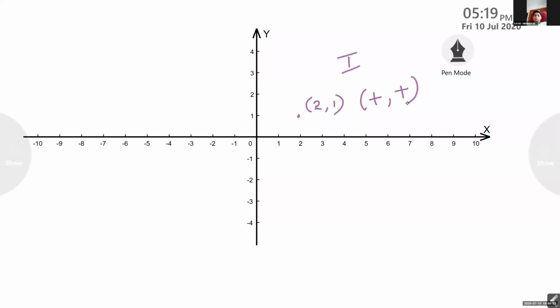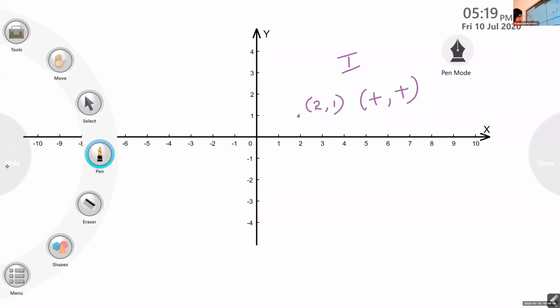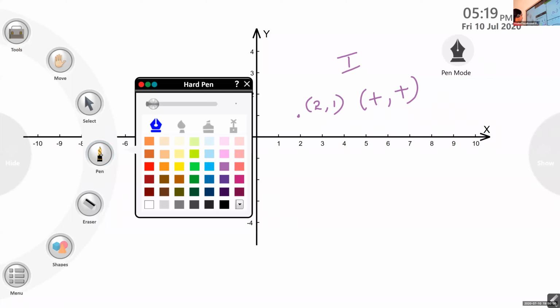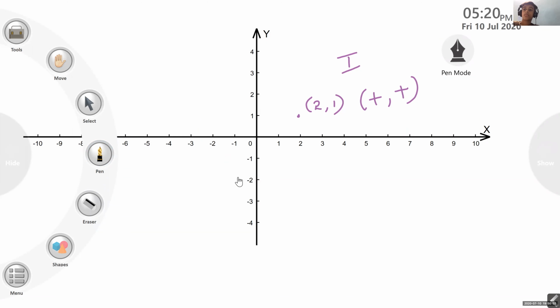Positive and positive. Did you understand this? Yes, ma'am. Okay. Now we'll move to the second quadrant.